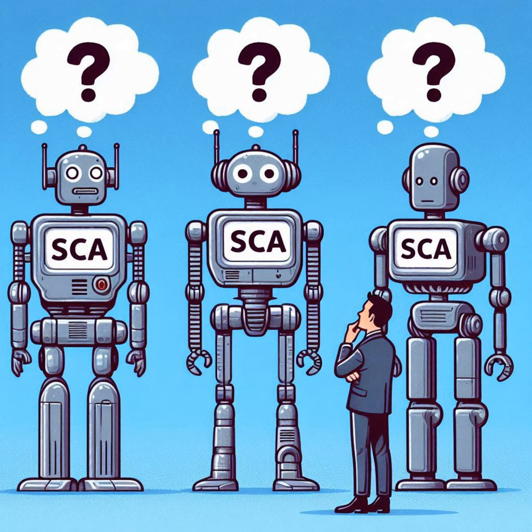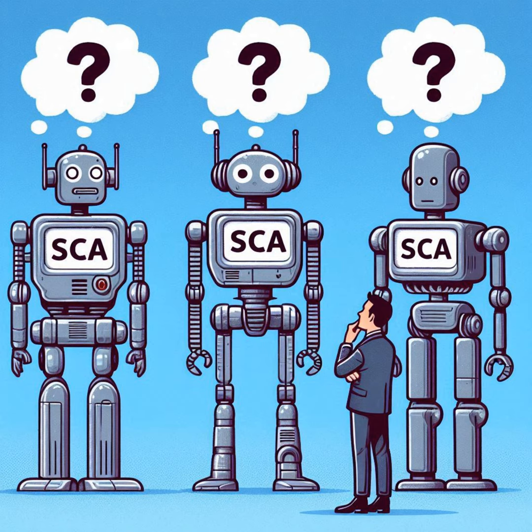Accuracy. When it comes to scanning accuracy, you want your SCA tool to be just right. Too many false positives and your developers will be crying wolf faster than you can say vulnerability. Too many false negatives and you might as well be using a magic 8-ball for security advice.